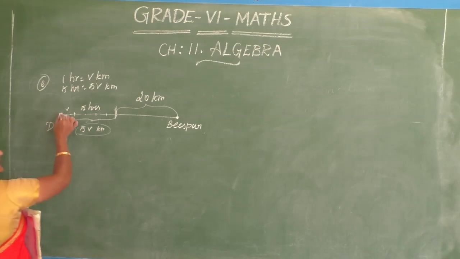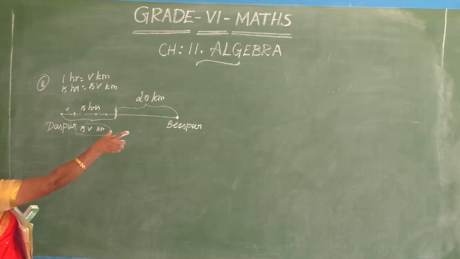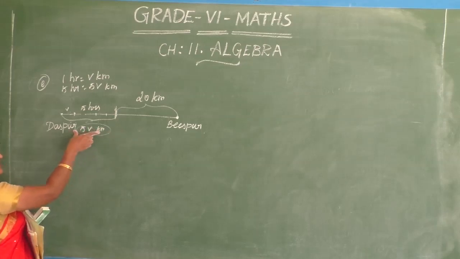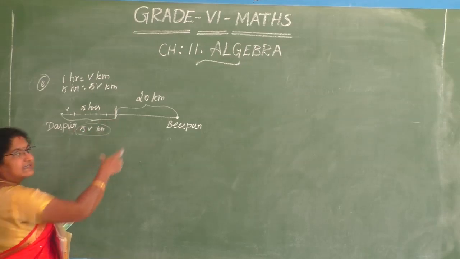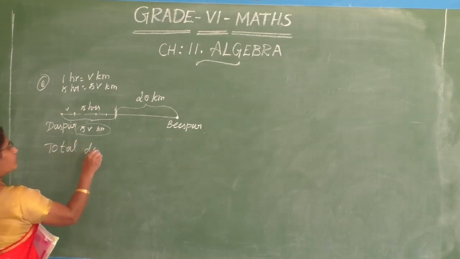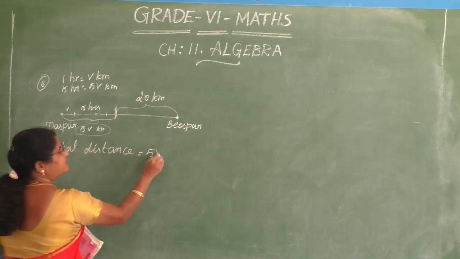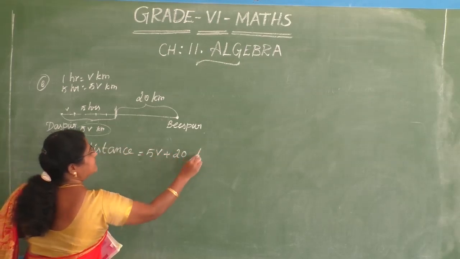So what is the total distance between Tazpur and Bispur? We have to add the distances. In 5 hours we crossed 5v, and the remaining distance is 20. So total distance is equal to 5v plus 20 kilometer.